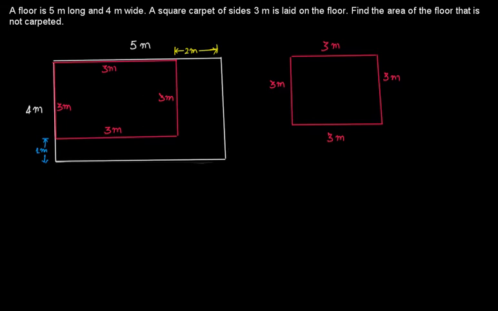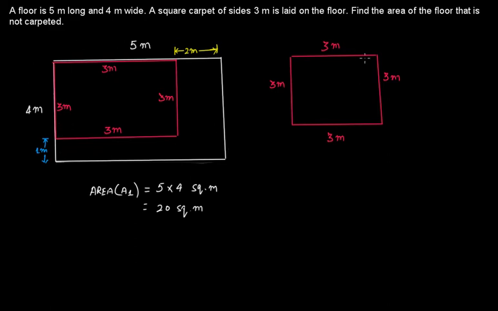So if I denote A1, that is the area of the rectangular floor, and that is 5 times 4, that is length times breadth, in square meter, and this will give you 20 square meter, right? This is the area of this rectangular floor.